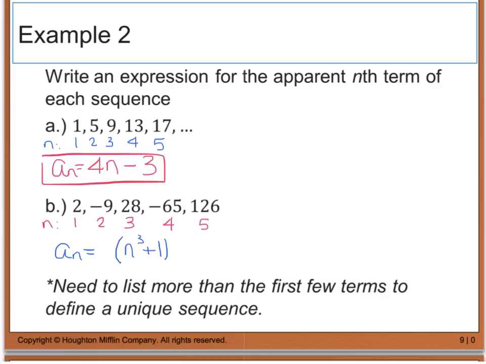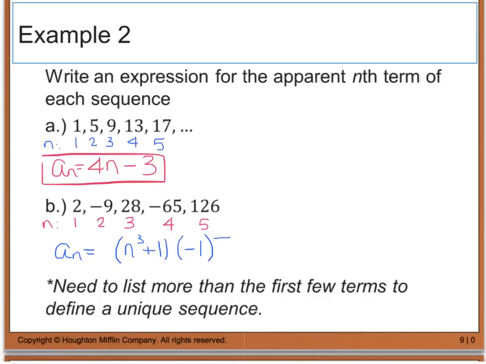I notice that my sign is positive on the odd number terms, or that my negative sign occurs on even number terms. So what I'm going to do is multiply this by a negative 1, and I know that I need to raise this negative 1 to something that will give me a negative number. Negative 1 raised to any odd power will keep that negative 1 negative.